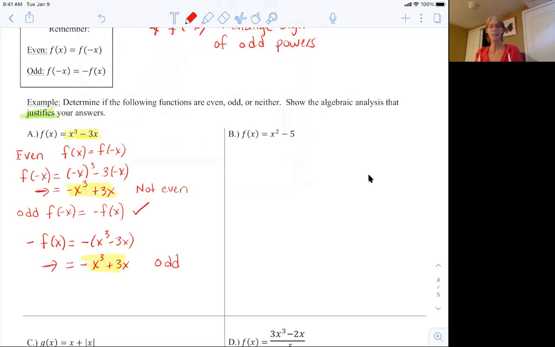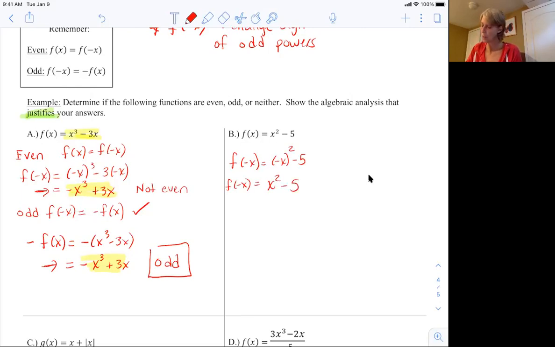Let's try example B. Remember, always start with even. So I'm going to start by finding f of negative x. Negative x squared minus 5. So f of negative x equals negative x squared, which is going to be x squared, minus 5.